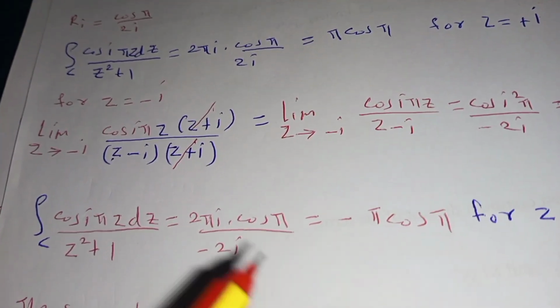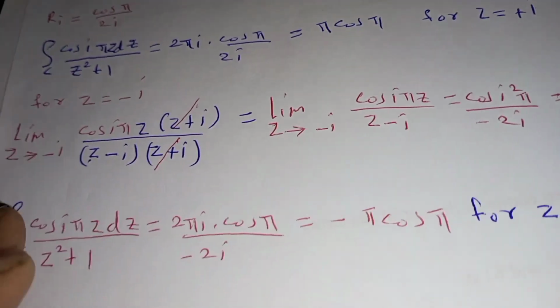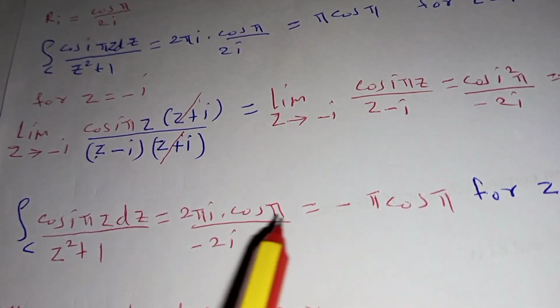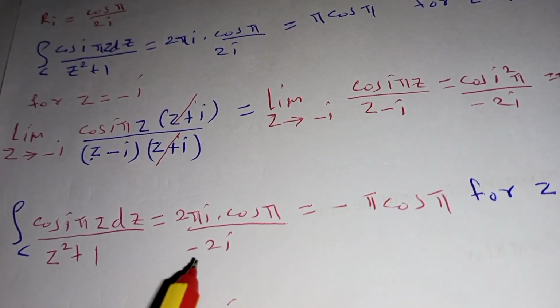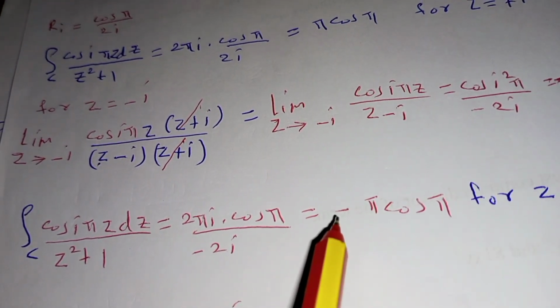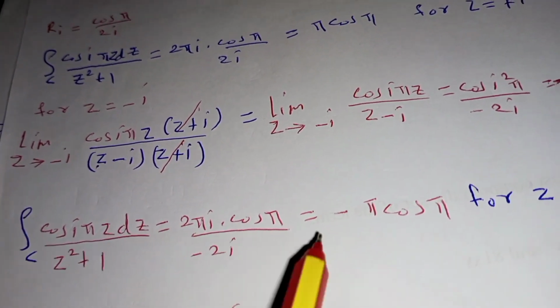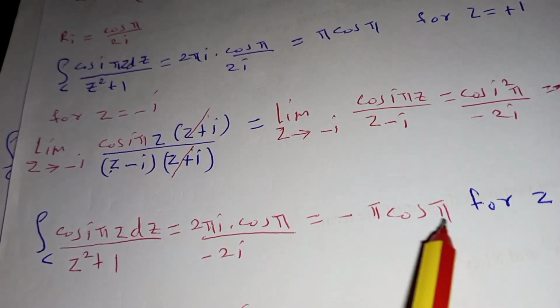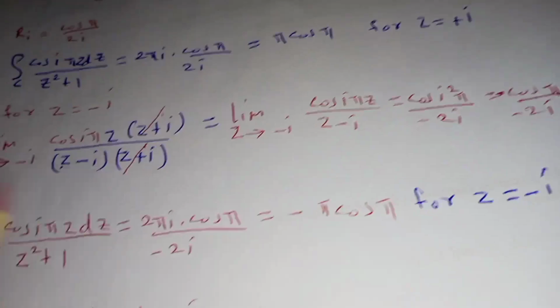So you come and substitute. You have 2πi multiplied by cos π divided by negative 2i. The 2i will cancel, and the result will be negative π cos π for z equal to negative i.